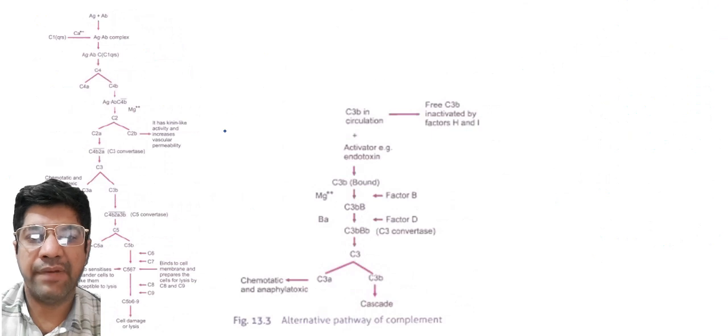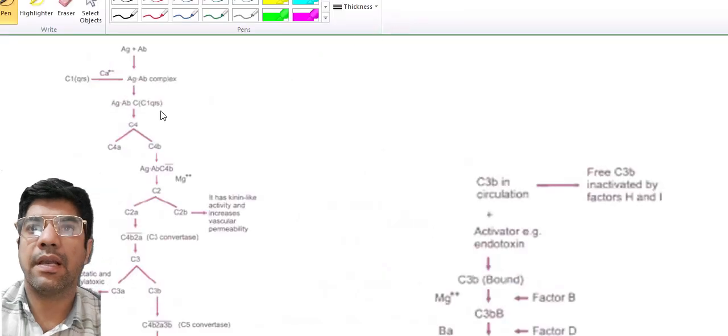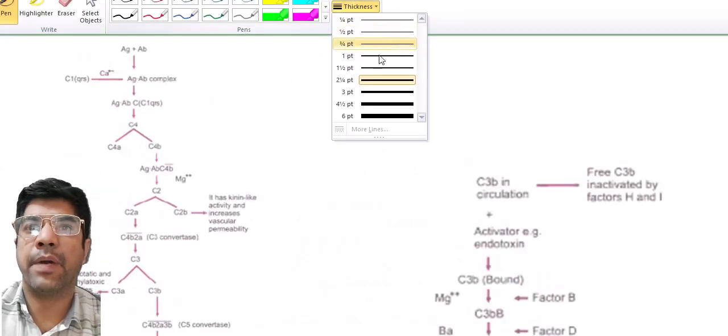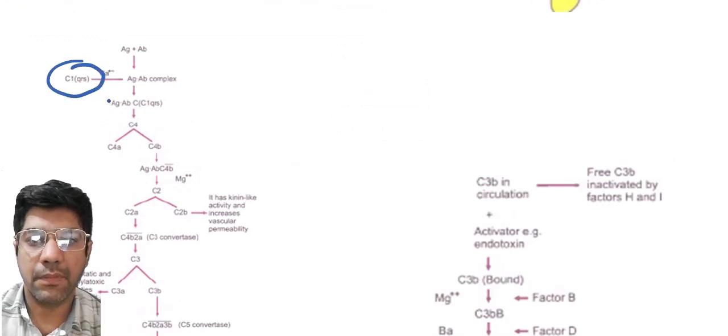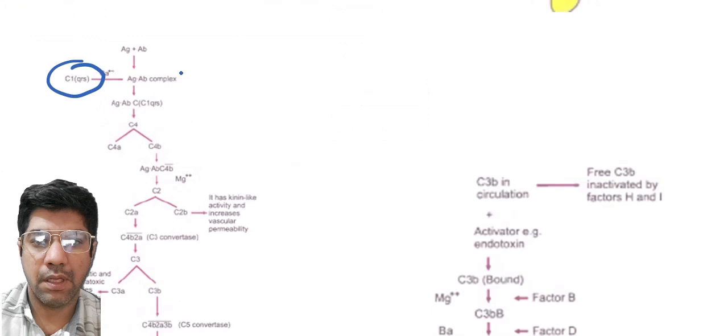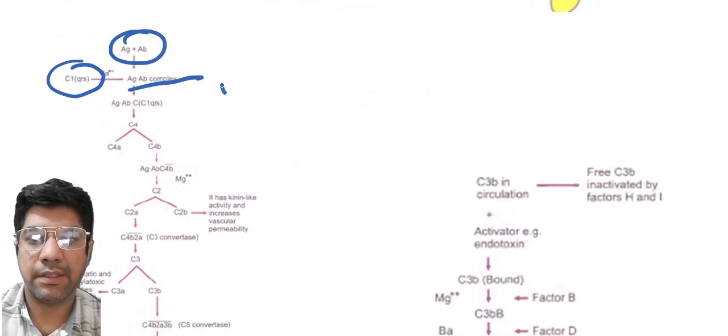The classical pathway is initiated by binding of complement protein C1 to the antigen-antibody complex.